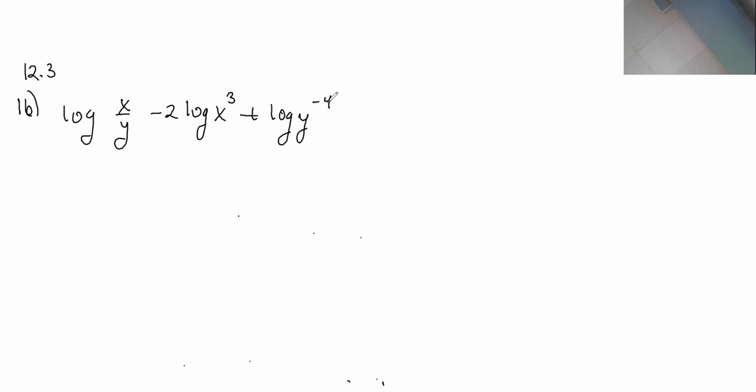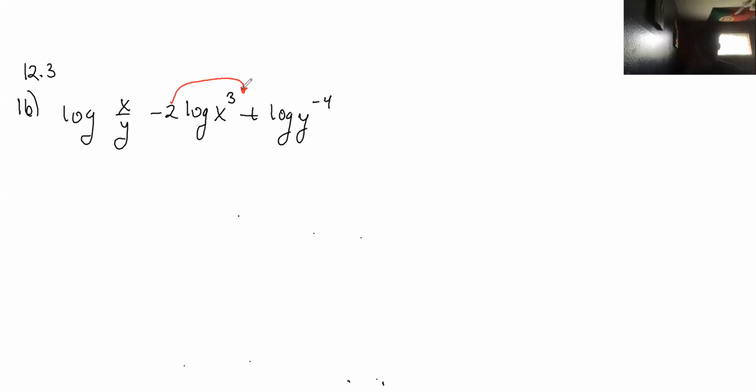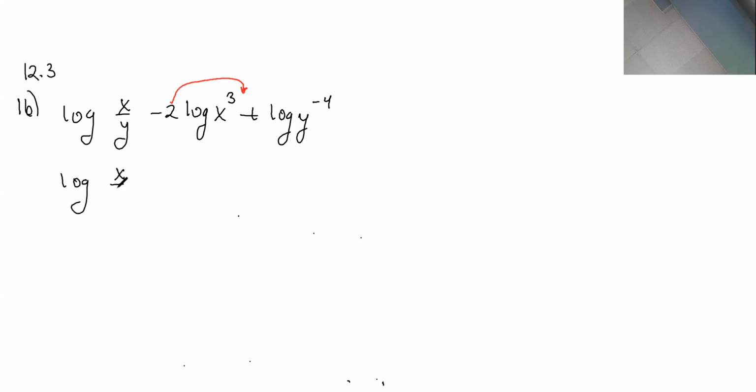First thing I am going to do is bring that 2 up as a power. I'm going to leave the negative there, just bring up the 2. So log of x over y minus log of x cubed raised to the 2nd power plus log of y raised to the negative 4th power.